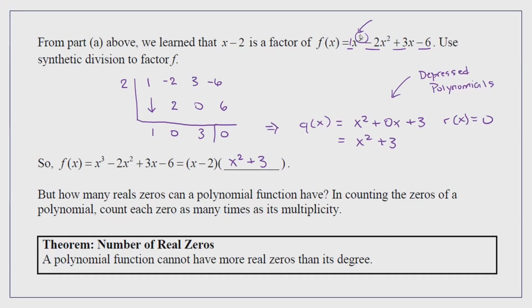But how many real zeros can a polynomial function have? In counting the zeros of a polynomial, we count each zero as many times as its multiplicity. So a polynomial function cannot have more real zeros than its degree.